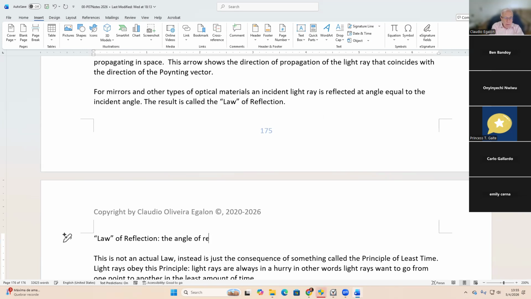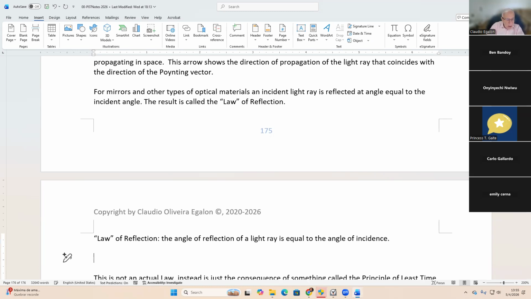The angle of reflection of a light ray is equal to the angle of incidence. This law can be proven using the principle in optics called the principle, or law, or postulate.